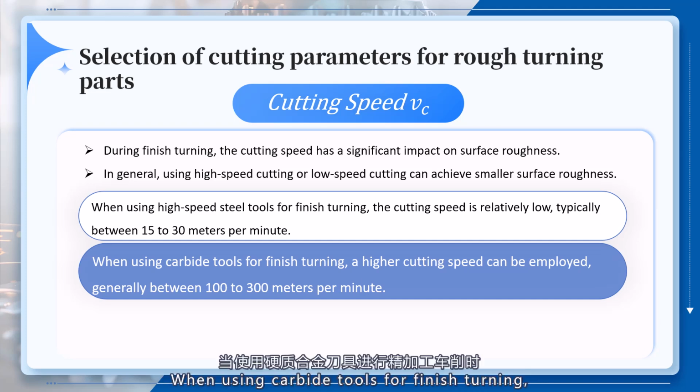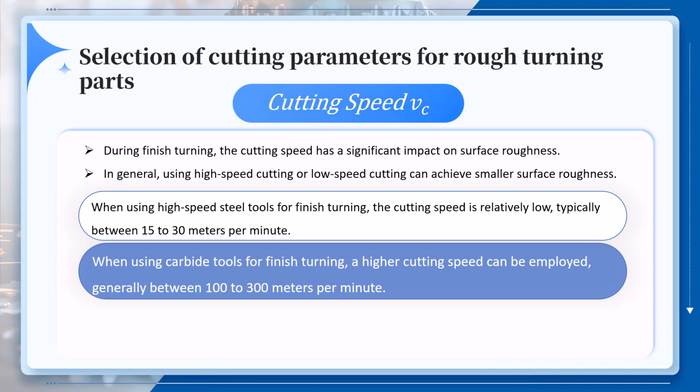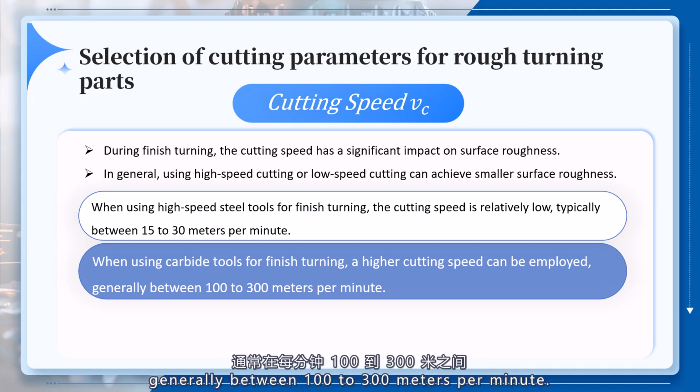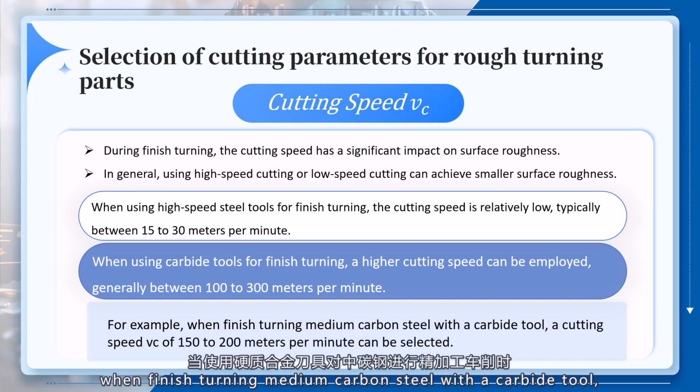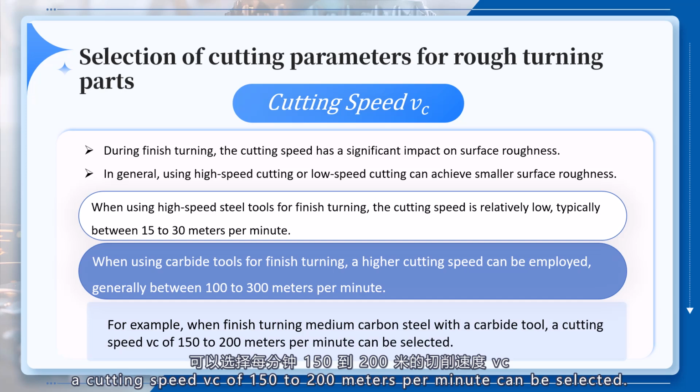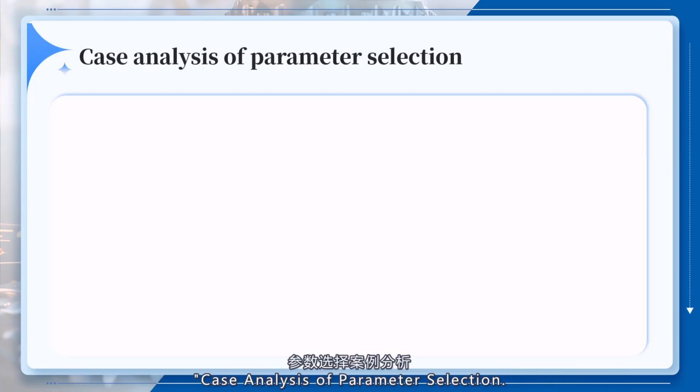When using carbide tools for finish turning, a higher cutting speed can be employed, generally between 100 to 300 meters per minute. For example, when finish turning medium carbon steel with a carbide tool, a cutting speed vc of 150 to 200 meters per minute can be selected. Case analysis of parameter selection.